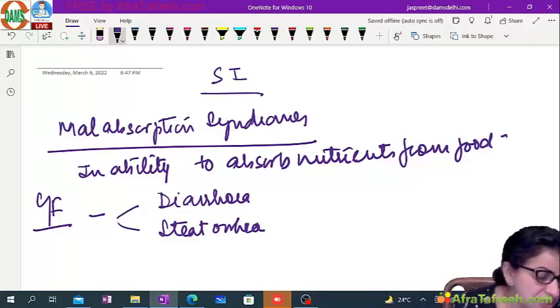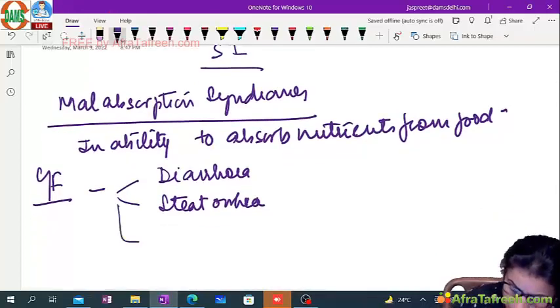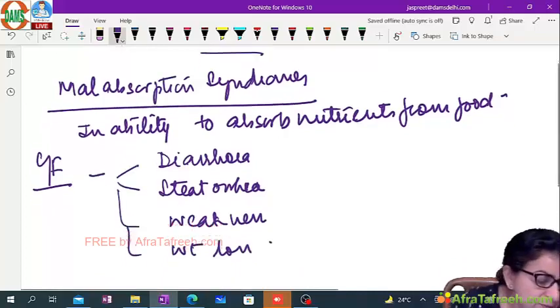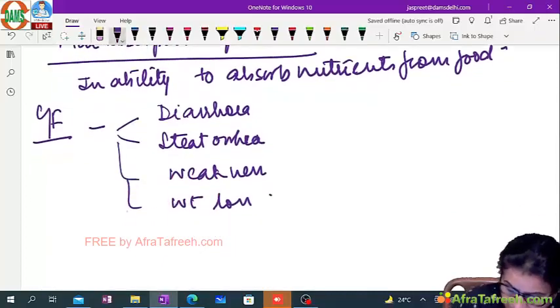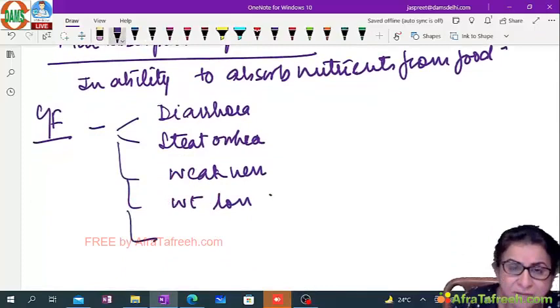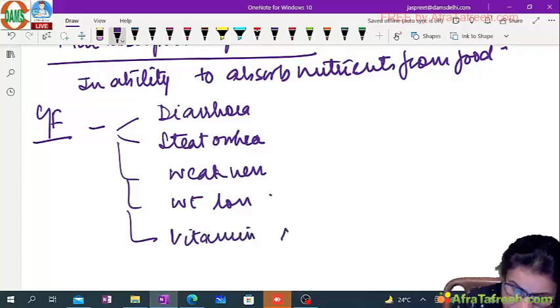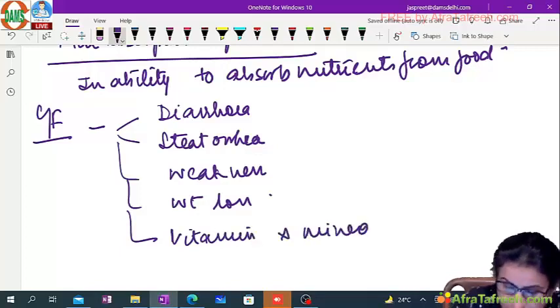Third, if nutrients are not getting absorbed, there will be weakness and weight loss, and the patient also develops vitamin and mineral deficiencies, because some vitamins and minerals may not get absorbed.